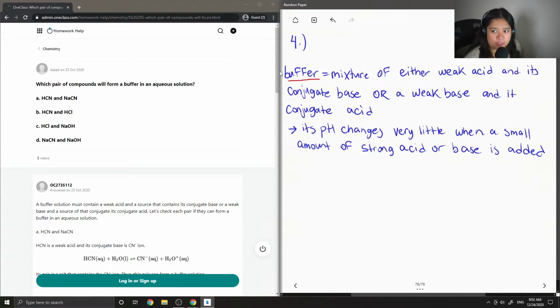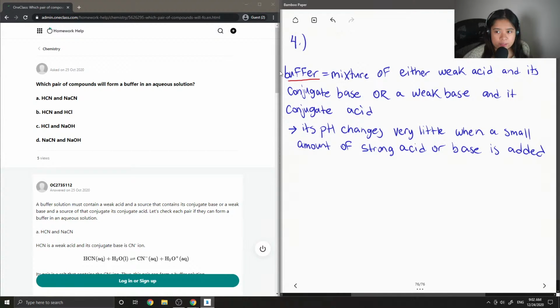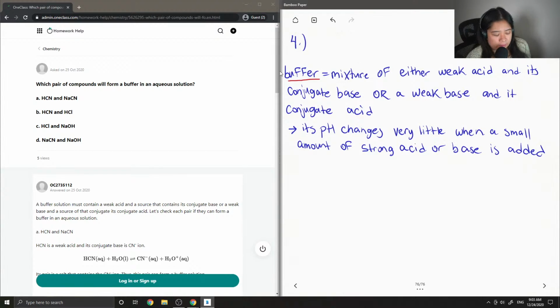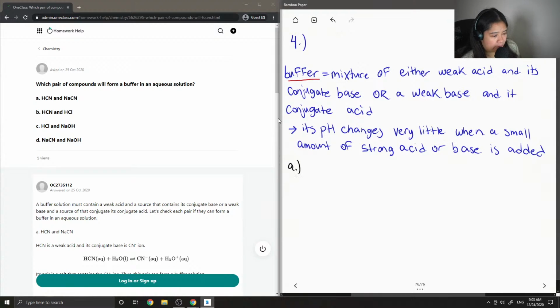So if you were to put half a milliliter of a strong base, such as sodium hydroxide, in water or a normal solution, the pH would become more basic very fast. But if you had a buffer solution and added the same amount of sodium hydroxide, it wouldn't change so drastically. Okay, so now let's look at all the options in the question and see whether or not they will form a buffer in aqueous solution.